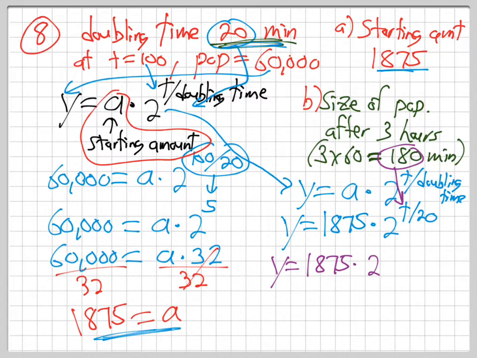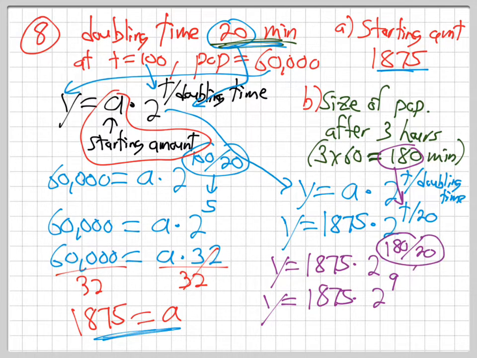That's 2 to the 180 divided by 20, which is 2 to the 9th. Use your calculator: 1875 times 2 to the 9th. y will equal 960,000. That's quite an explosion in the bacteria population. That's what we mean by exponential growth.